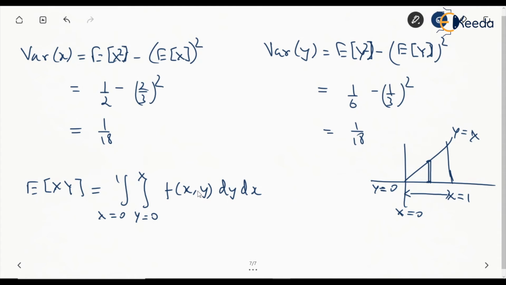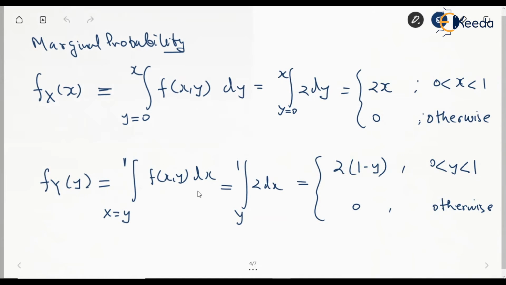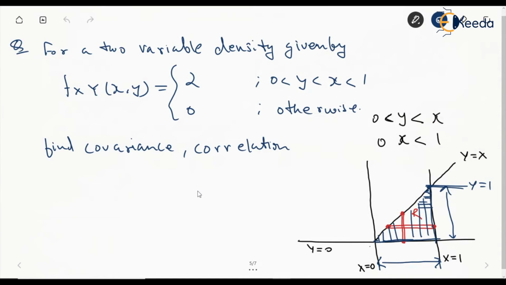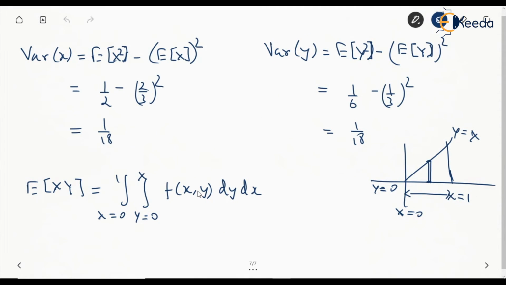The function we have is f of xy is 2. Of course we need xy here also. So this will be the integration from 0 to 1, and 0 to x, of 2xy dy dx, right? Expected value of xy. So this is xy into f of xy, like any normal expected value.